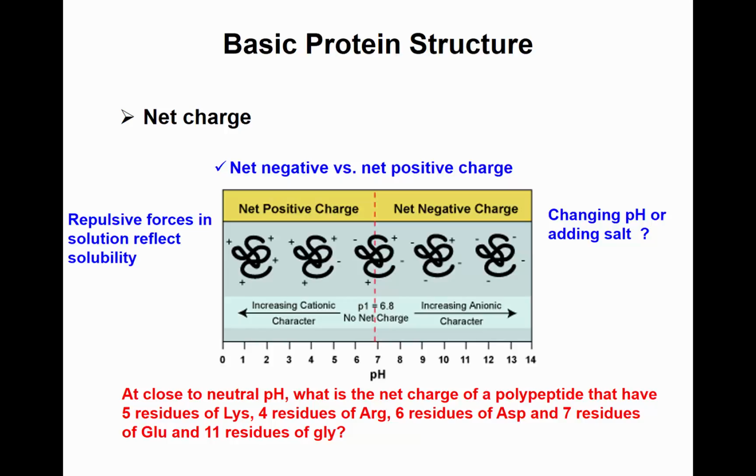But again, there is a chemical equation that you would use to derive the charge of a protein based on composition. But this is just to drive home the point that this peptide has a net negative charge based on the composition. Okay? Questions?